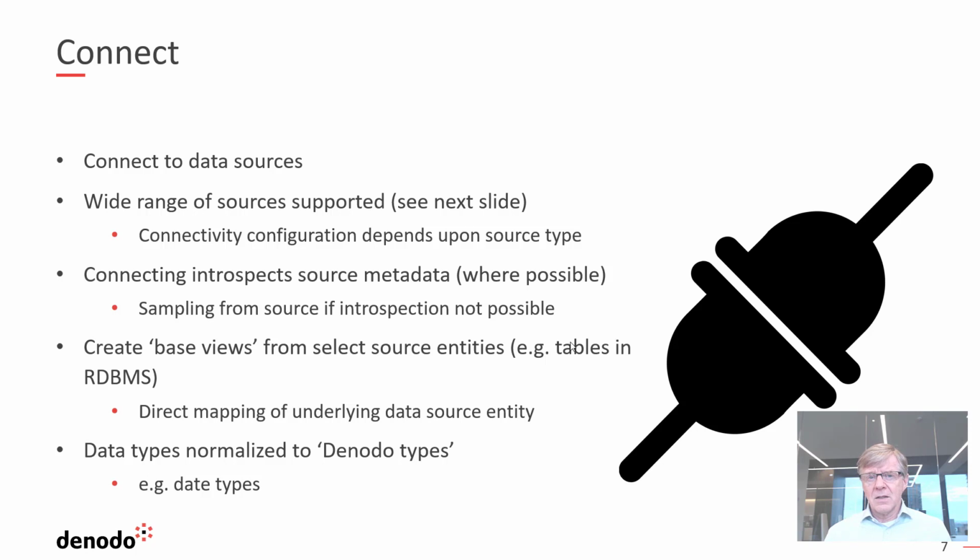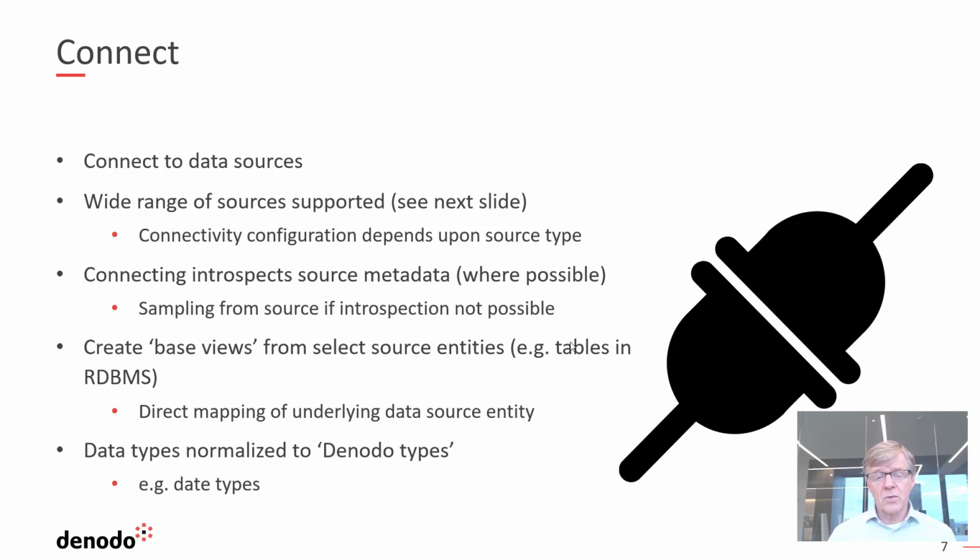Now, the date that is stored in each of those underlying data entities, the table in the Oracle database, the Excel spreadsheet, and the log file, is going to be in different formats. It's going to correspond to a different type model. So I need to convert them into a common type model. The date in the Oracle database is probably in ANSI SQL 99 timestamp or something like that. The date type in the Excel spreadsheet will be an integer which represents the number of days since the 1st of January 1970. The date in the log file will probably be a text string.